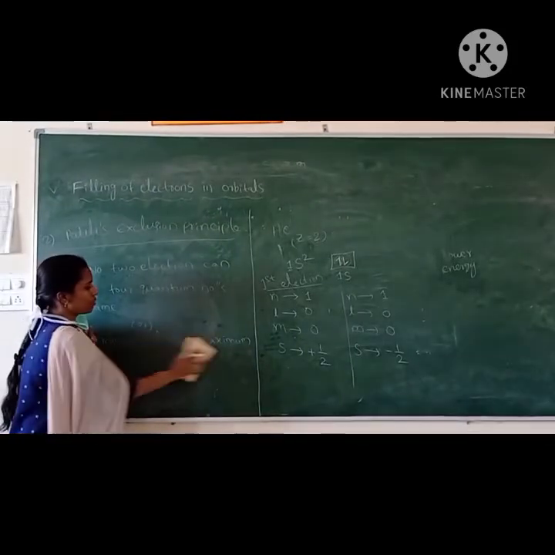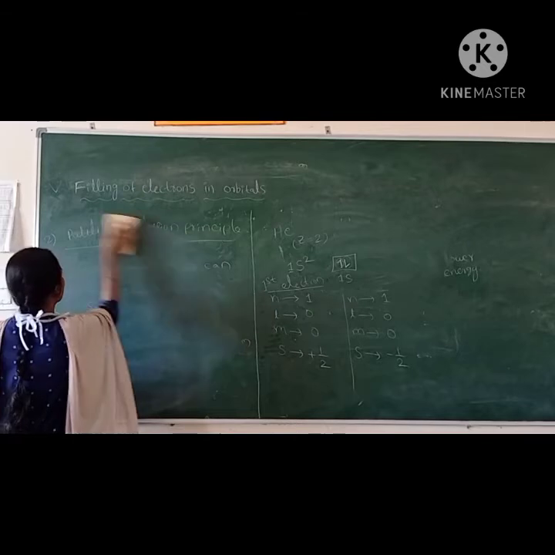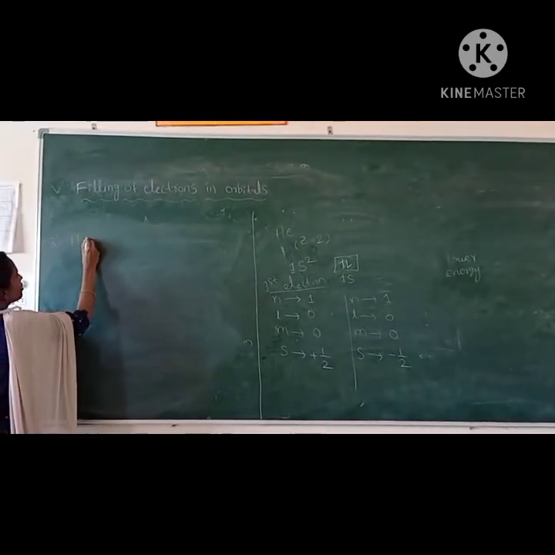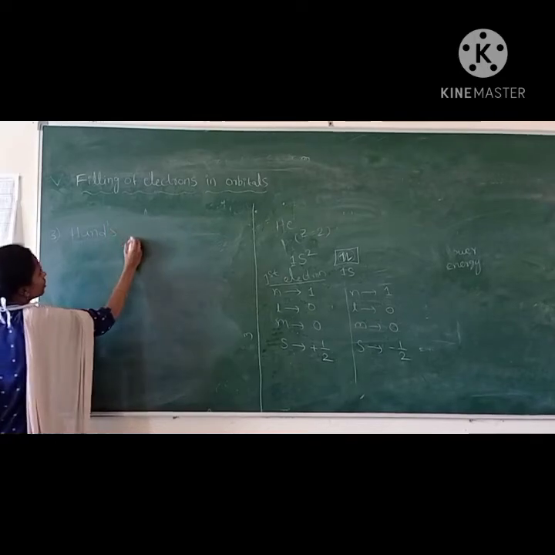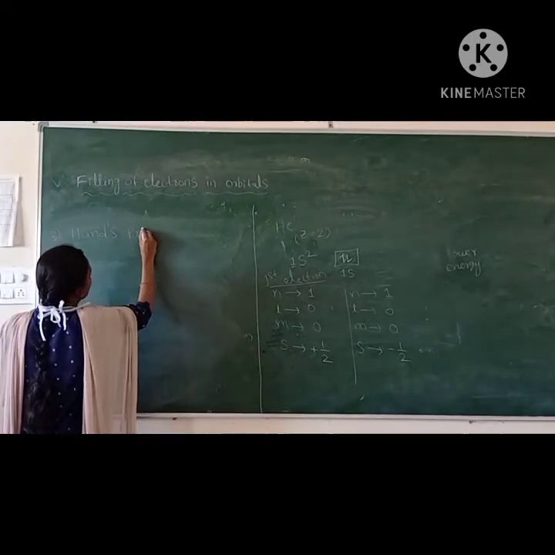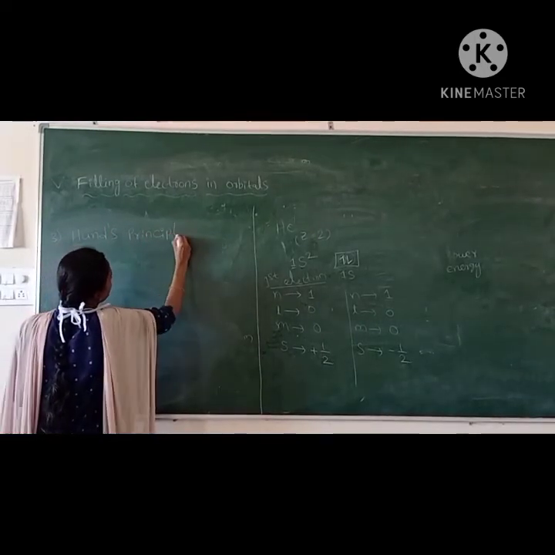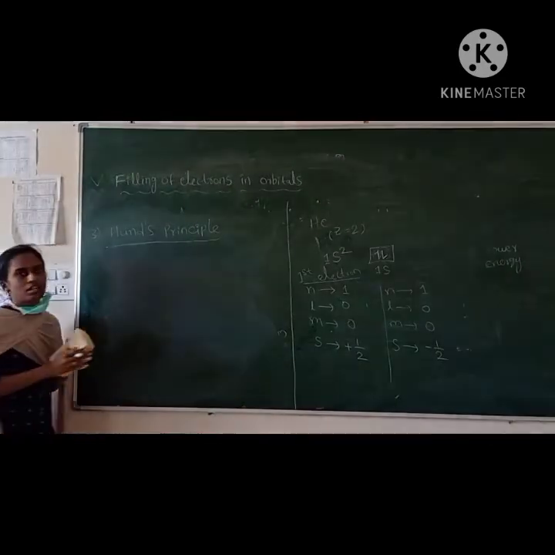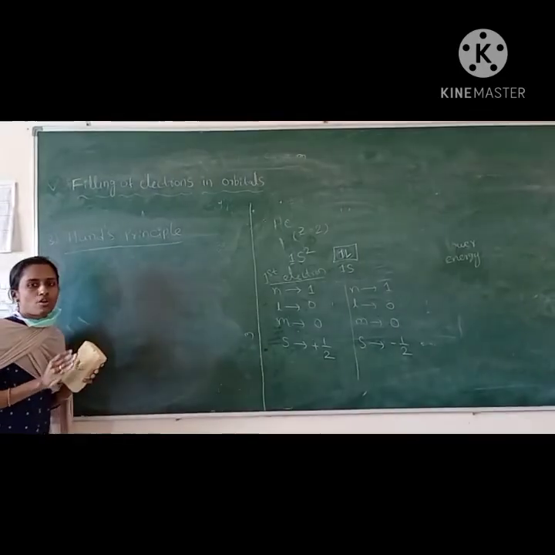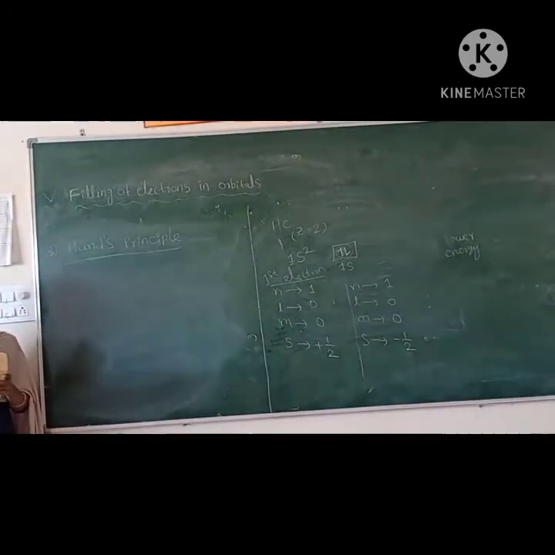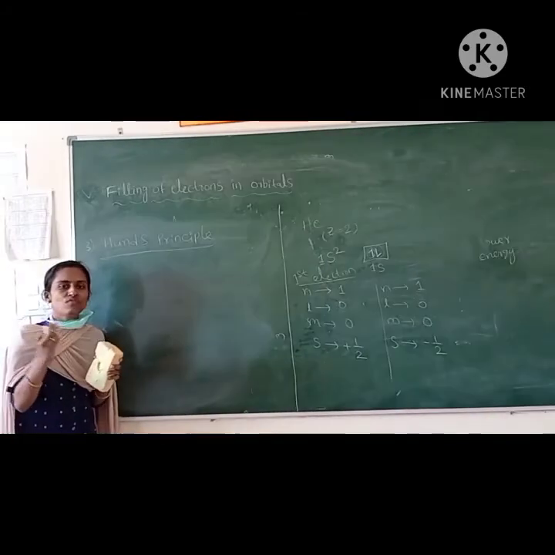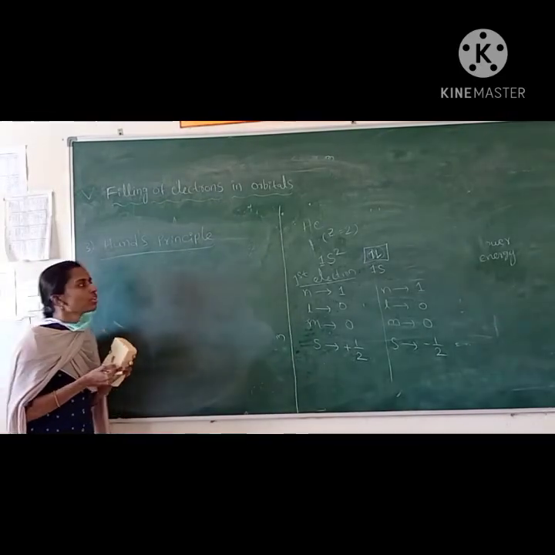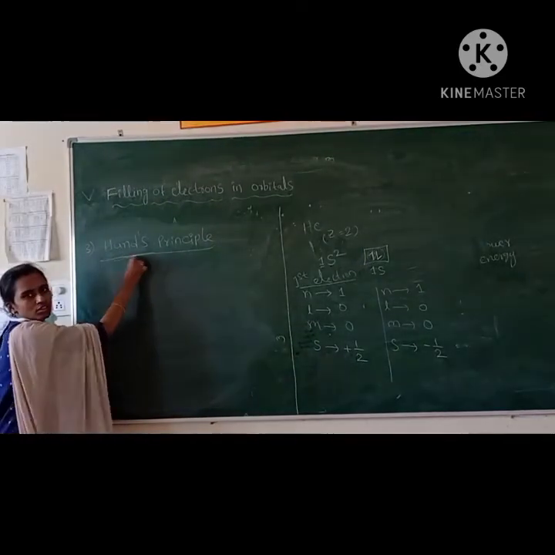And the next, third principle, is Hund's principle. What this principle says is that the electrons in orbitals are filled first singly, then followed by pairing. So how the pairing of electrons takes place is ordered by Hund's rule.